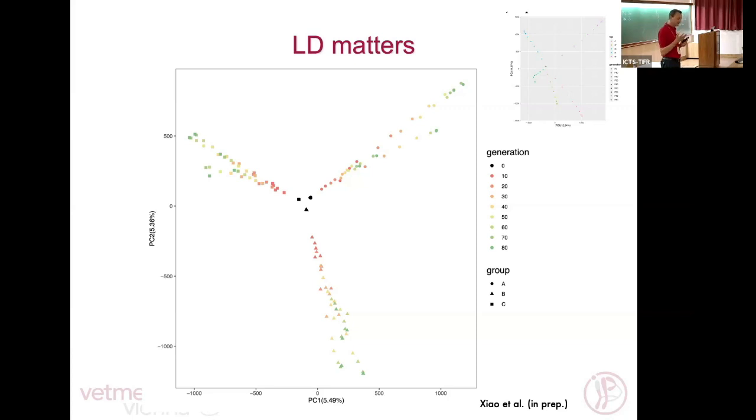If they're the very low frequency ones, yes, you lose them quickly. That's true, but the simulations show that when you don't have these ones, you still see the same phenomenon because of the LD patterns. The LD patterns are driving this different response. So instead of rare alleles, you now have rare haplotypes. Exactly, I think. Those rare haplotypes have a large effect.